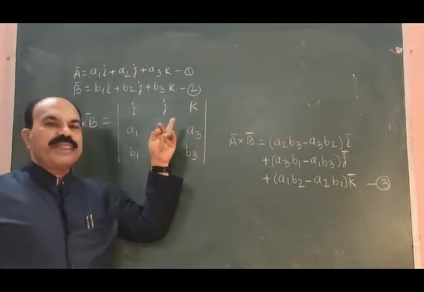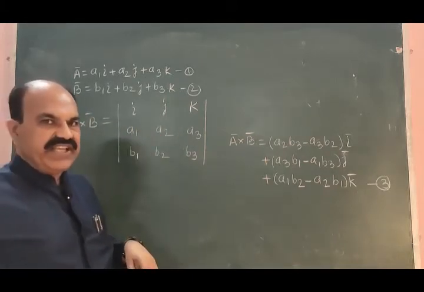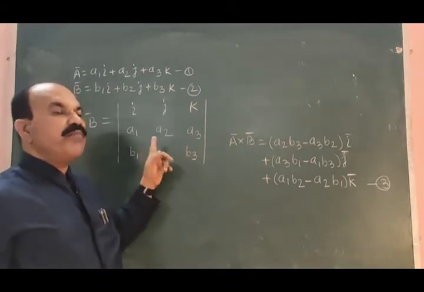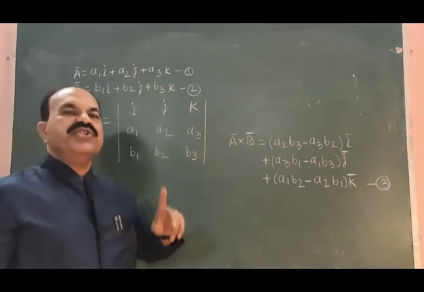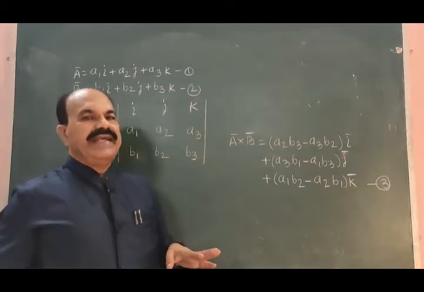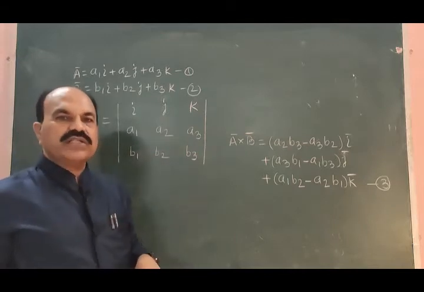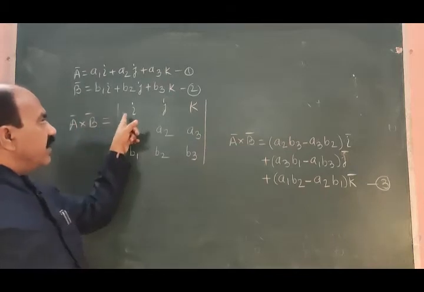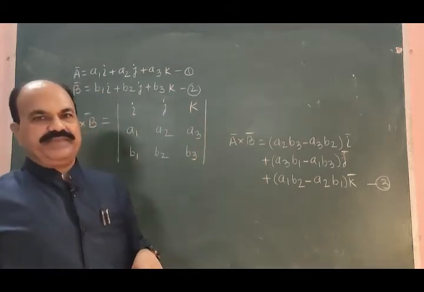First row is for unit vectors I, J, K. Second row for rectangular components of vector A along these unit vectors I, J, K respectively. Third row for the rectangular components of vector B along these vectors I, J, K respectively.